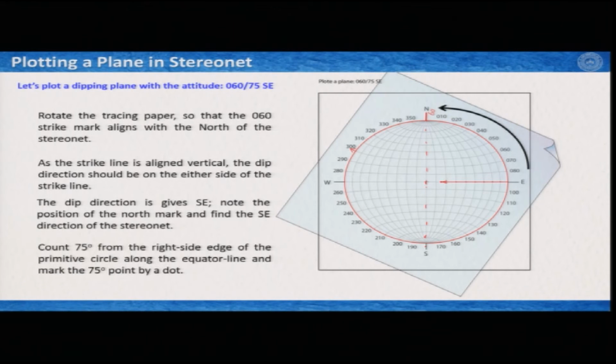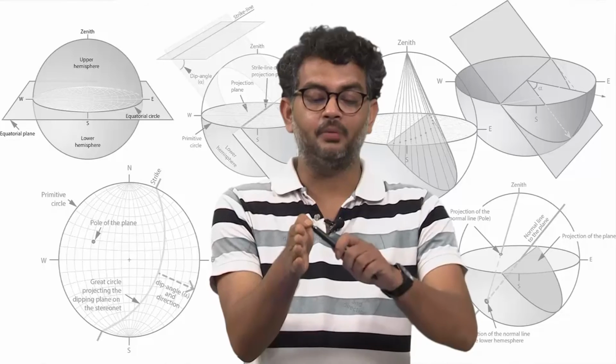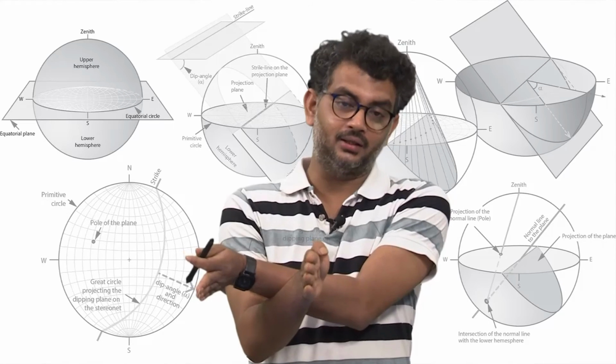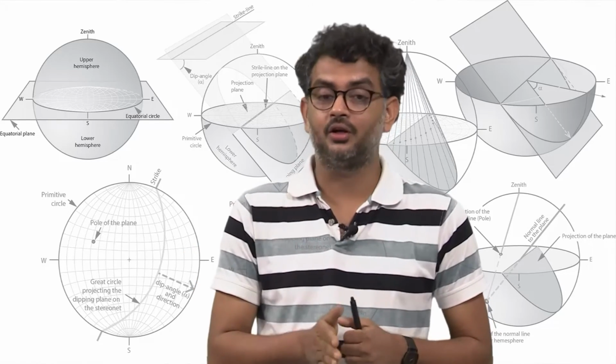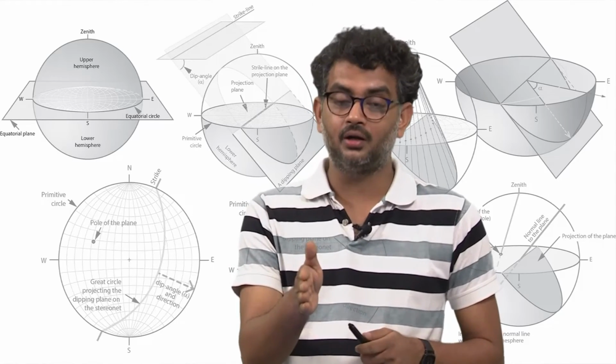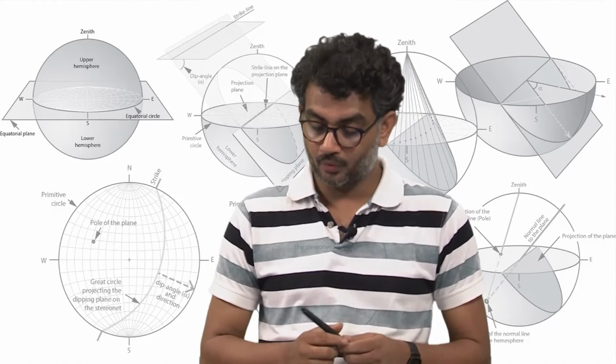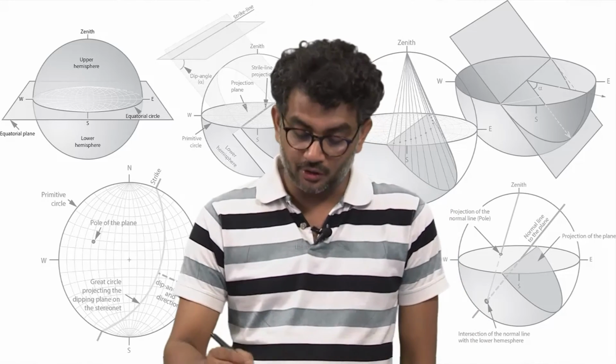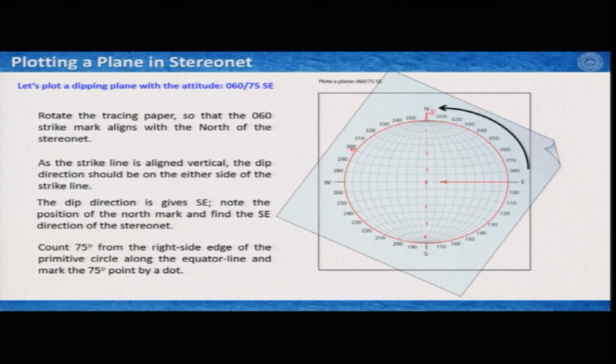So, if I have this my strike line, it can dip either this side or this side, unless the bed is vertical, but in this case it is not vertical, we know it is dipping 75 degree towards southeast. So, now I have rotated my stereo net, and with this arrowhead here I know that this is my north. If this is north, then this is my south, this would be west, and then this would be east.